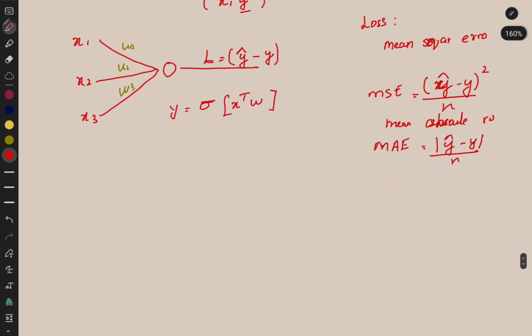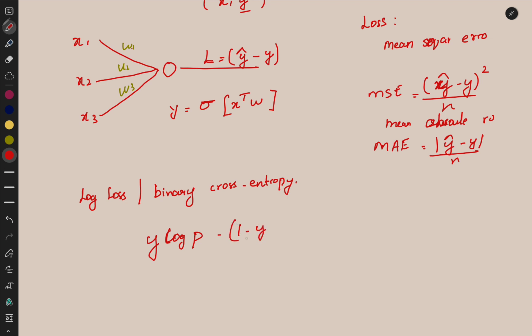Then log loss, or binary cross entropy: you have the actual ground truth y, and you take the log of the predicted p, and then 1 minus y, and then you take the log of 1 minus p.